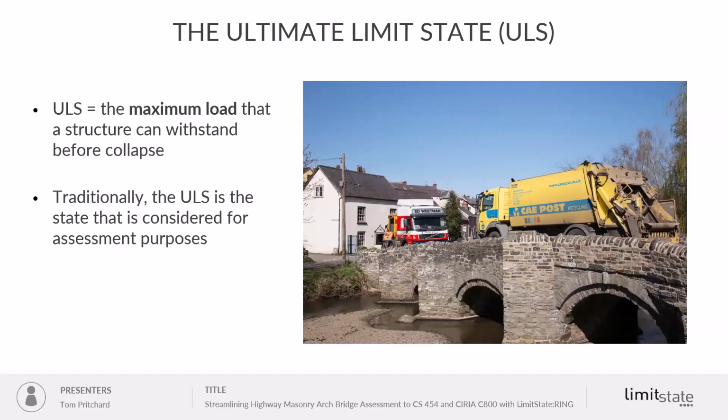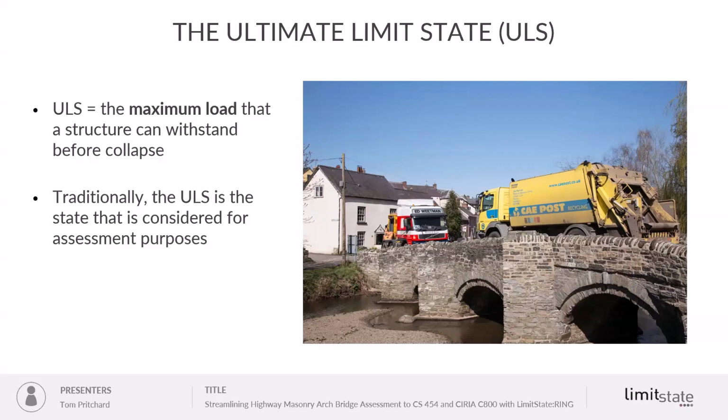And essentially, the ULS says that safety is ensured if an equilibrium state can be identified without violating applicable yield criteria, which tend to relate mainly to hinge formation and potentially also sliding at contacts and crushing of masonry.